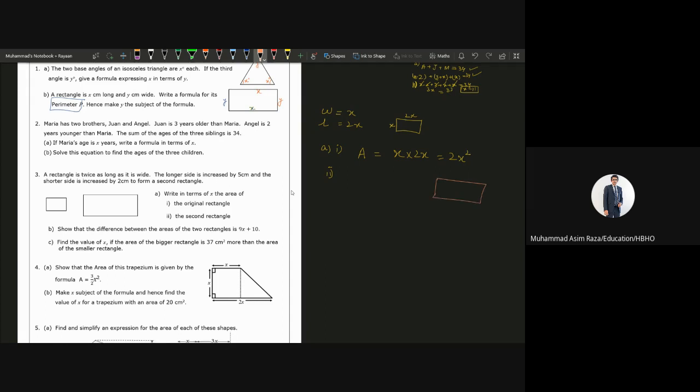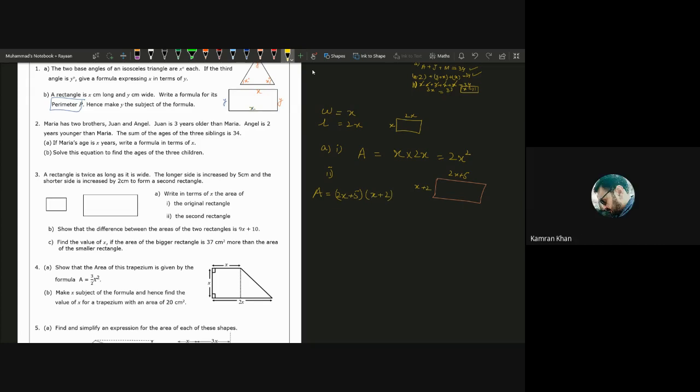The longer side is increased by 5 centimeters. So the longer side was already 2x, and now it is 2x plus 5. The other length, the width, has been increased by 2 centimeters, which is now x plus 2. So therefore the area of the rectangle will be 2x plus 5 into x plus 2. You understand that?